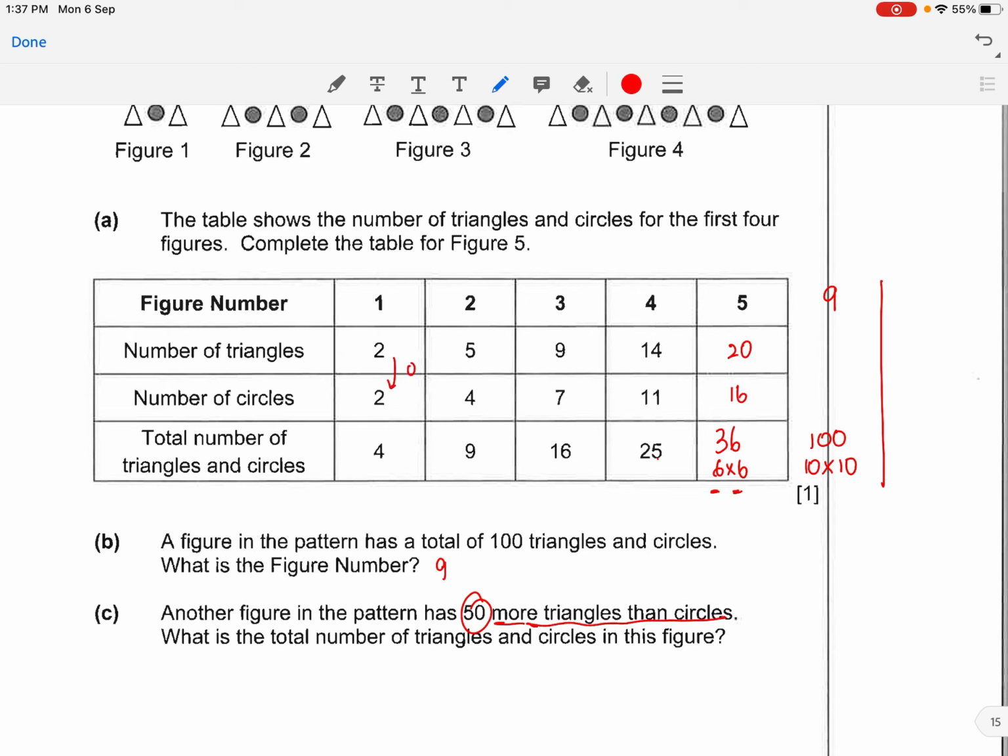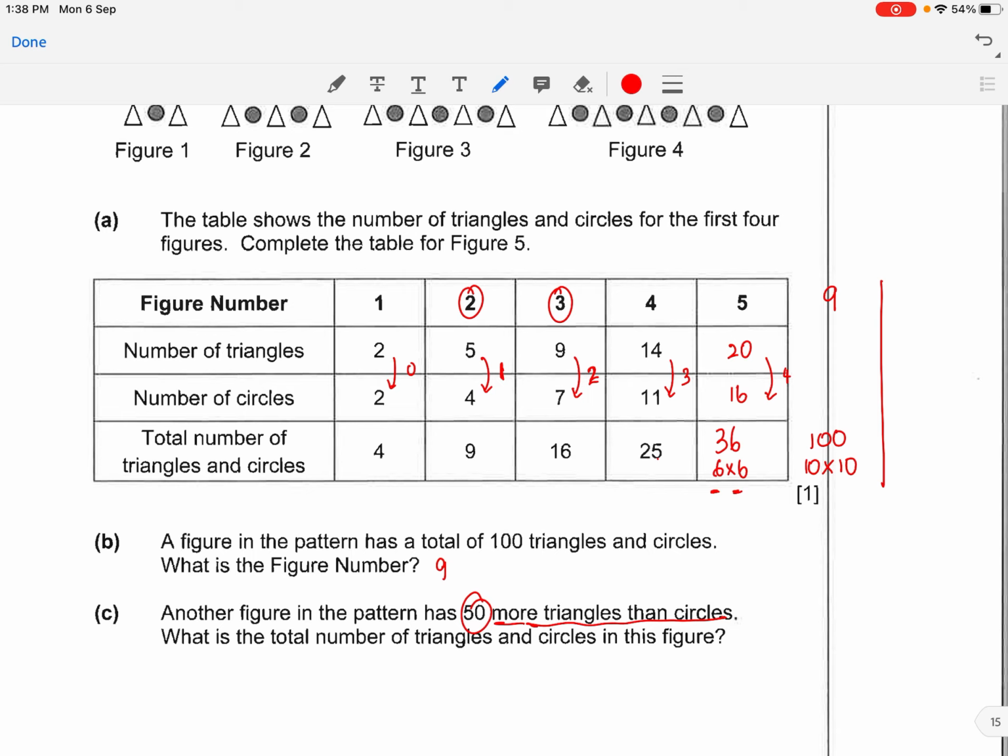The difference is 0. The difference is 1. The difference is 2. The difference is 3. The difference is 4. And in order to find the difference, I observe that if this is 1, my figure number is 2. If the difference is 2, my figure number is 3.